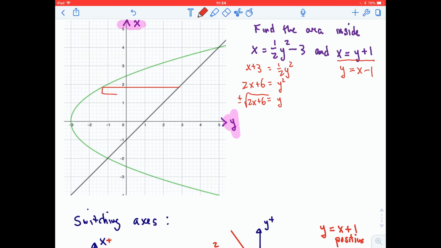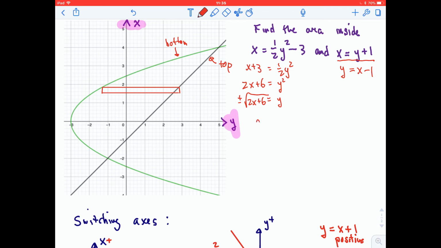So here is a single strip, right, drawn between the two. And this is a small strip. If this is kind of the top, remember, in these rotated axes, and this is the bottom function for this entire region, you notice that for this entire region, there's no switching around. The line is always the top function, and the curve is always the bottom function.